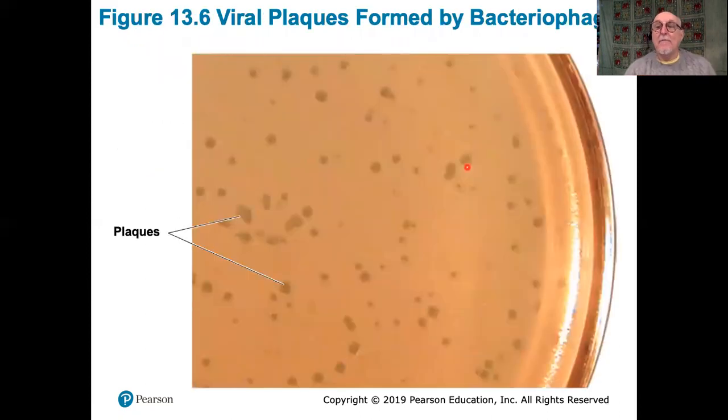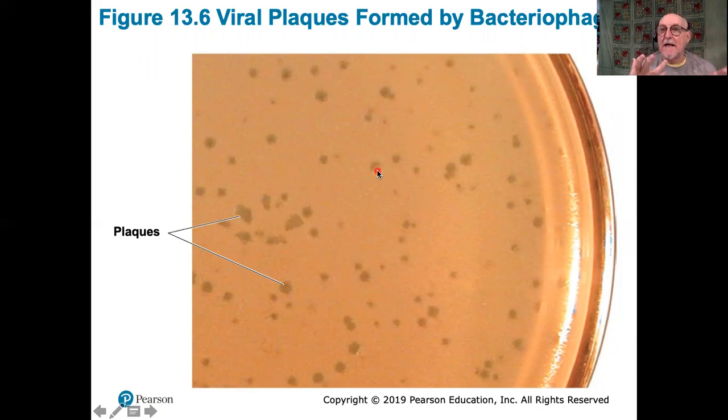And when you do so, you can take a solution of viruses, diluted heavily, and spread that together with your bacteria. So what you're seeing here, this opaque background here, is the lawn of bacteria. It's bacteria that have grown so that you can't see single colonies. They're all just in a thick layer, abutting on one another. But wherever there's a virus present, it will infect bacteria.